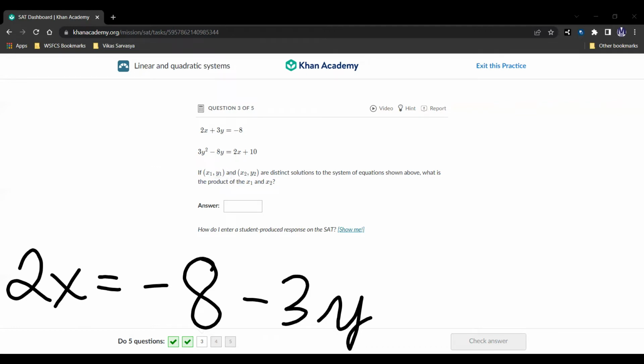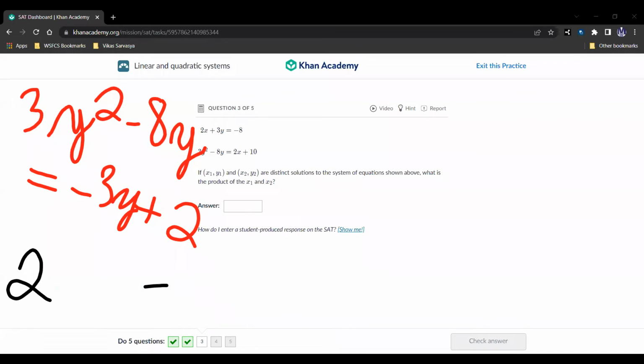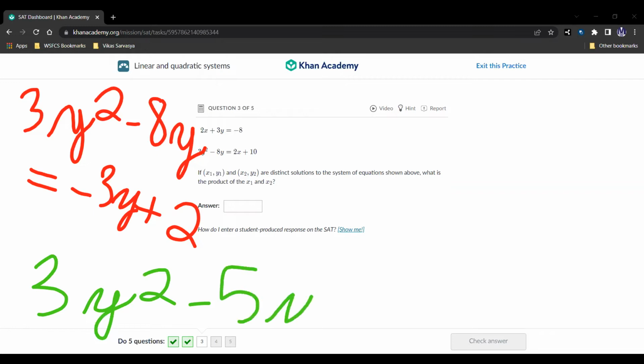And that would give us 3y squared minus 8y equals negative 3y, and then minus 8 plus 10, so it's going to be plus 2. All right, let's get rid of the bottom. And now we can take these terms and combine them. We get 3y squared, and then minus 5y minus 2 equals 0.